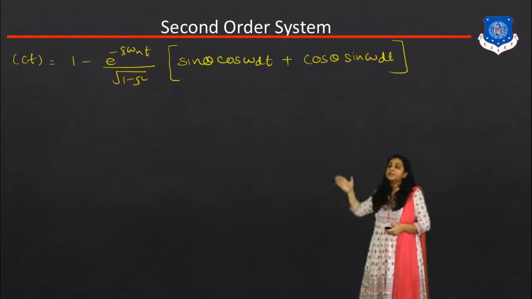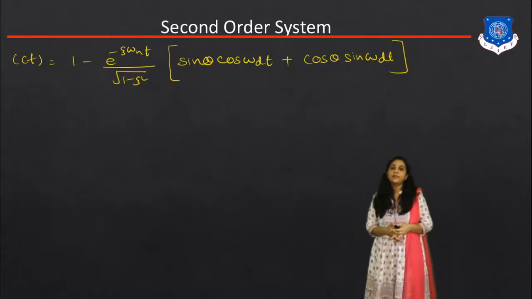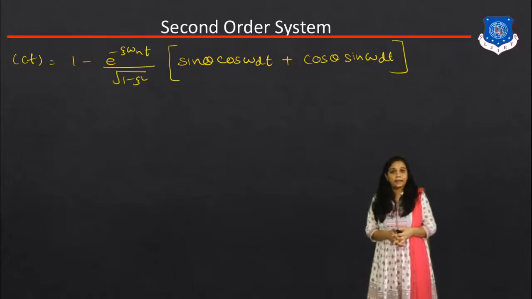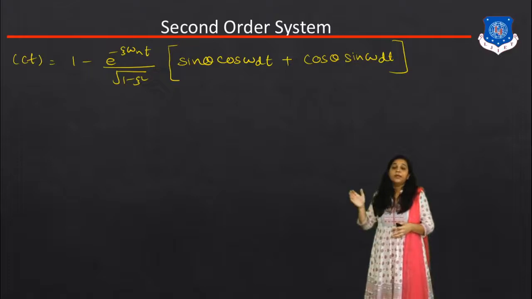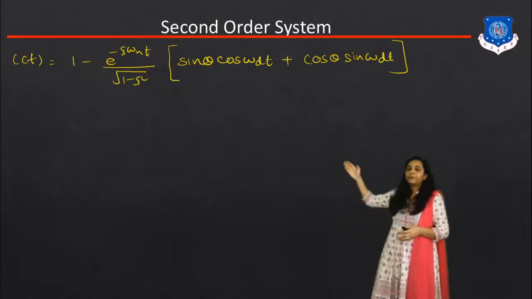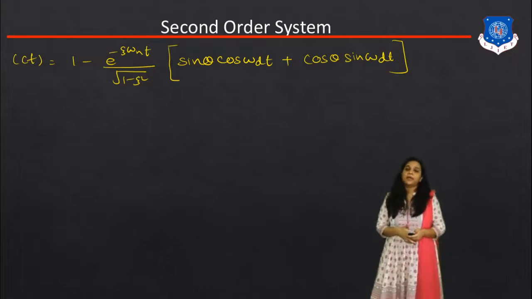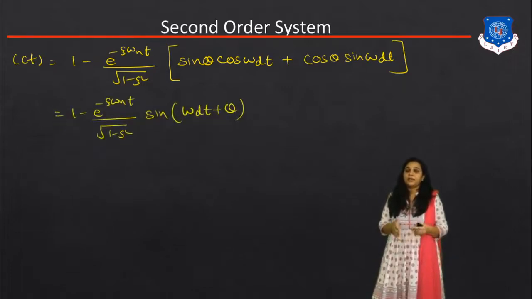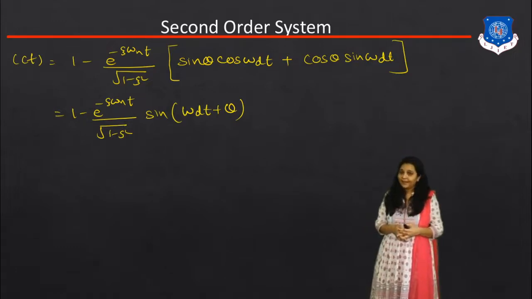So we can get C of t equal to 1 minus e raised to minus zeta omega n t upon under root of 1 minus zeta square, in this bracket sin theta cos omega d t plus cos theta sin omega d t, and it is the equation for sin of omega d t plus theta.